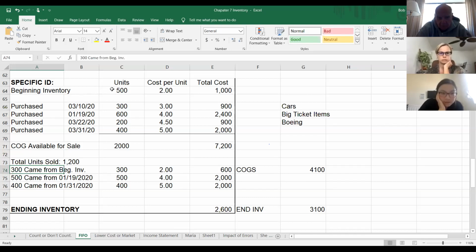And then we sold 500 more, and they came from these 600. And then we sold another 400, which came from the 31st. They're telling you where it comes from. Still a little confused, Callie?